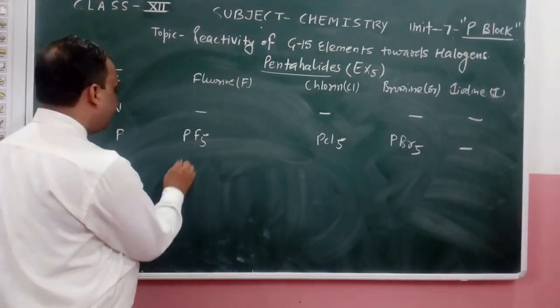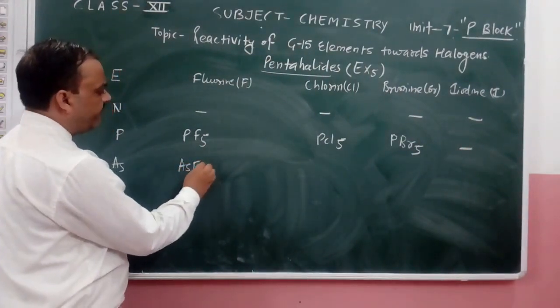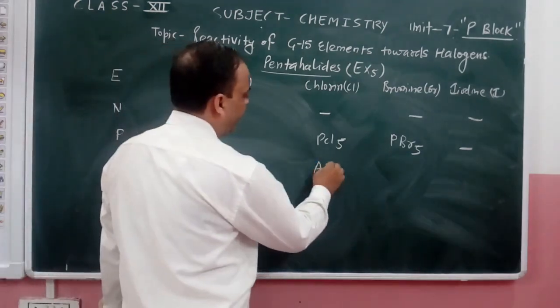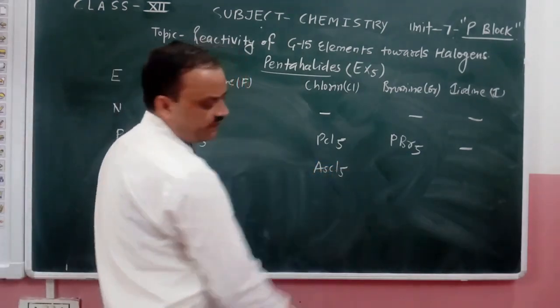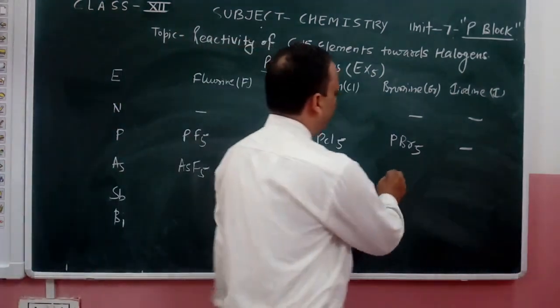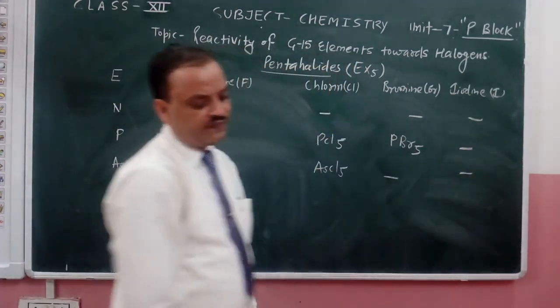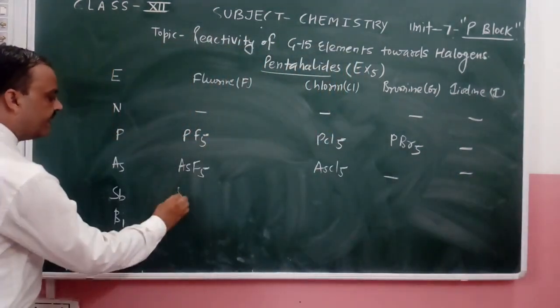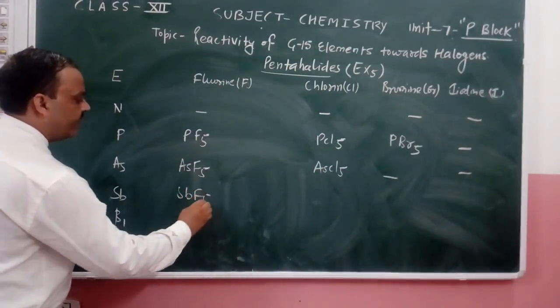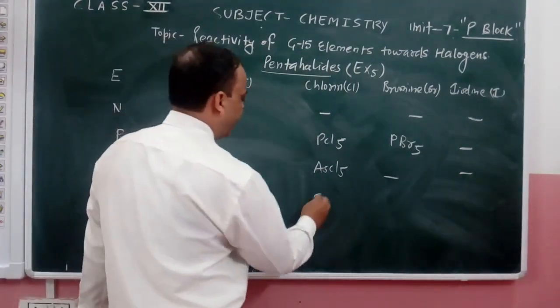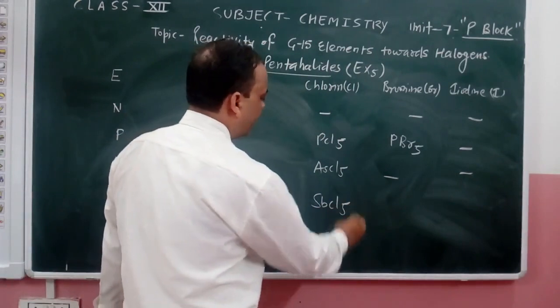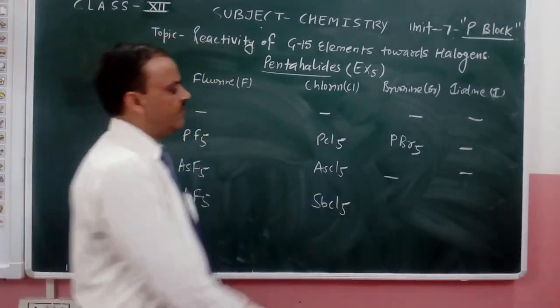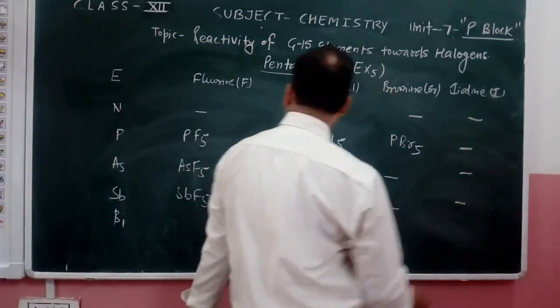Arsenic: AsF5, AsCl5 will form, the others will not form. Antimony pentafluoride and antimony pentachloride will form, but the others will not form.